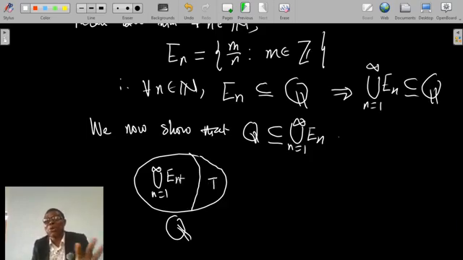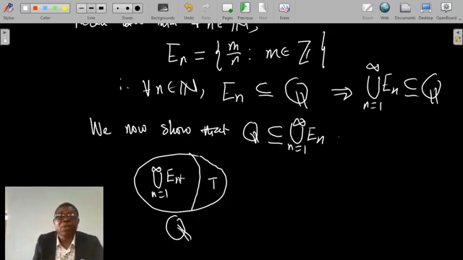So that's the approach I'll use. The essence of using this approach is that it may help us somewhere. Picking elements from here and showing that the element belongs here may not give us what we want easily.